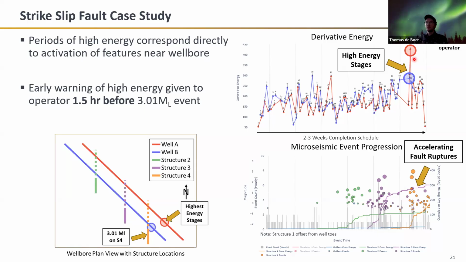And so we sent this operator a message essentially indicating that we detected this energy anomaly and there was a risk of a larger magnitude event as a result based on our interpretation. And this early warning was sent 1.5 hours before this magnitude 3 event occurred during their completions. And we can see after that event occurs, generally we reduce the overall amount of microseismic events on this fault structure.